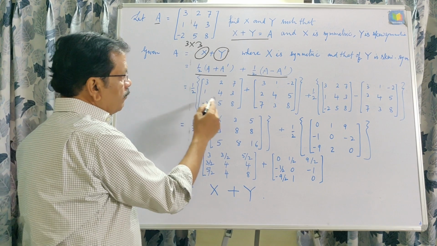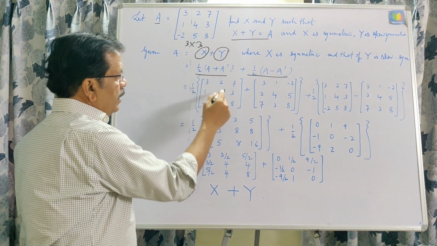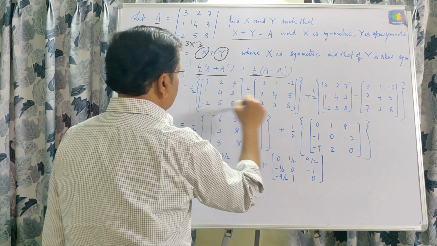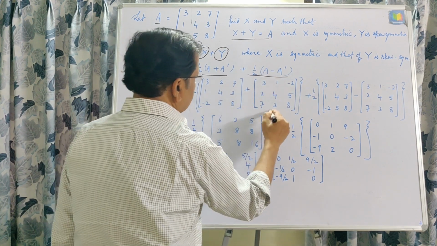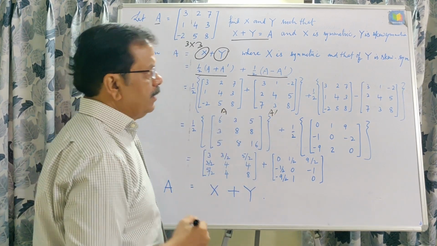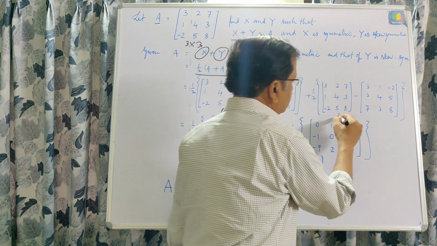We can calculate accordingly: first row, first column, second row, second column, and third row, third column. This is A dash and this is A, and here in the same way half (A minus A dash).